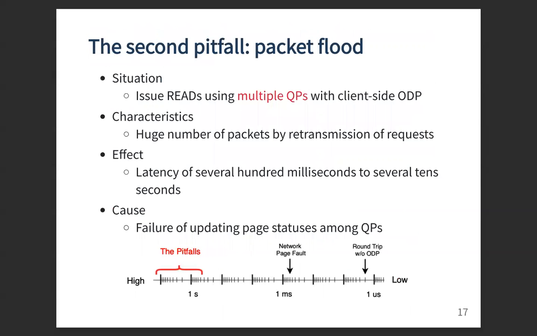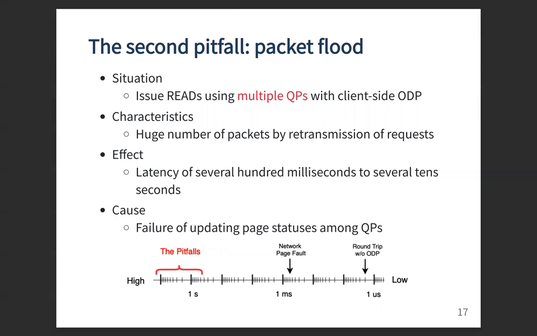Next, I'm going to introduce the second pitfall, packet flood. Packet flood is a pitfall related to the queue pair, a communication resource in Infiniband, and it occurs only when multiple queue pairs are used. Specifically, it happens when you issue RDMA read operations using several queue pairs with client-side ODP.